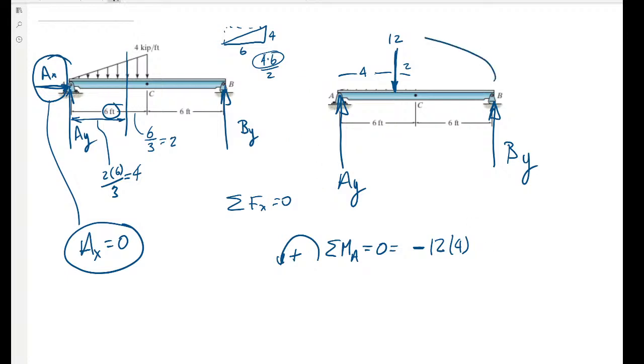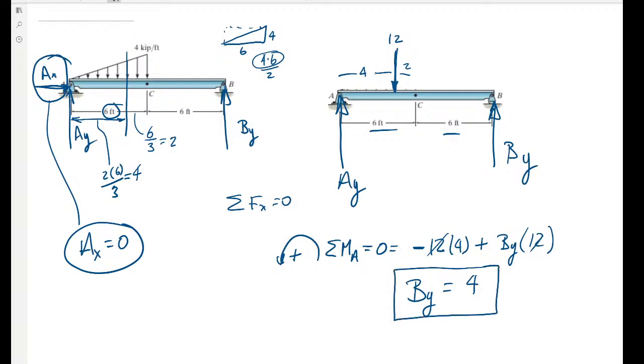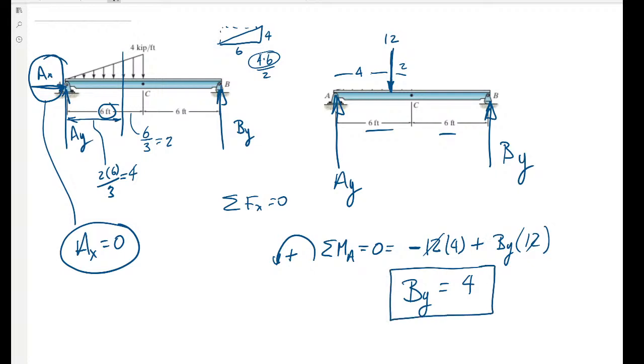Then this one goes that direction. If you check this, that's positive, which is BY, and it's 6 and 6 are 12. So according to this, if you look real close, you end up with BY is equal to 4.